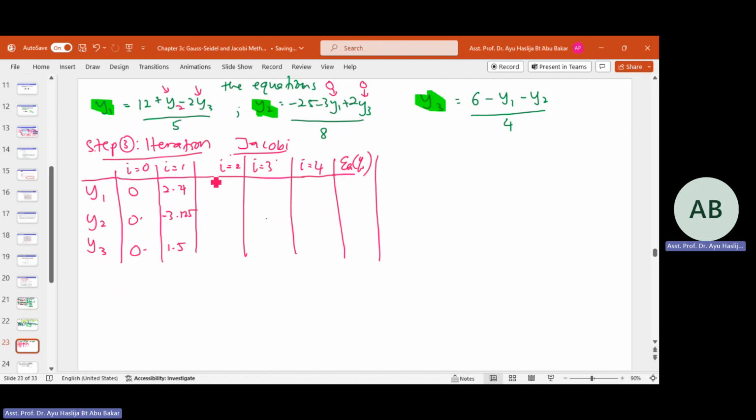For the second iteration, for Y1, Y2 and Y3 over here use the values from the first iteration. Meaning that Y2 and Y3, you have negative 3.125 and 1.5. Use those values to get Y1 in the second iteration. Do you get 1.175? Right.